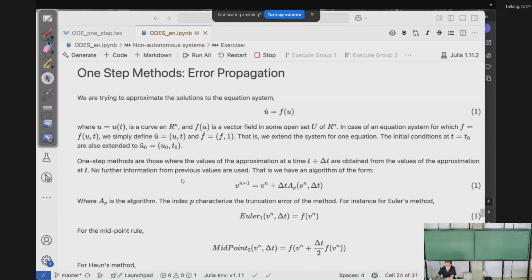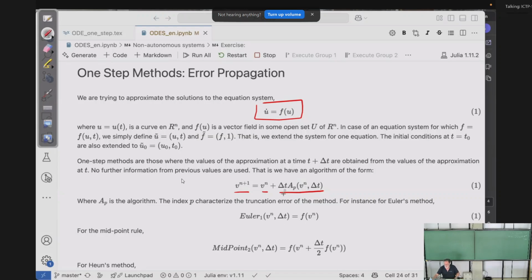So we have this equation, and we want to approximate it with a one-step method. And remember, at the end of the day, the one-step method is B_{n+1} equal to B_n plus something that depends only on B_n and delta t. This is the last step in the Runge-Kutta, and you build this A doing all the intermediate steps.